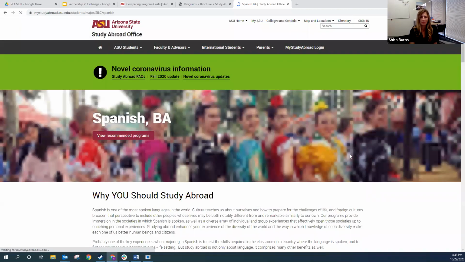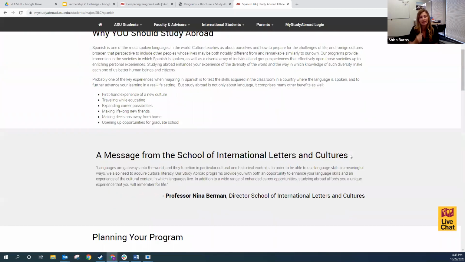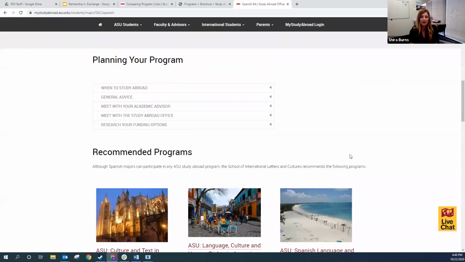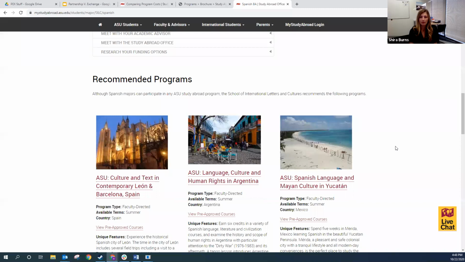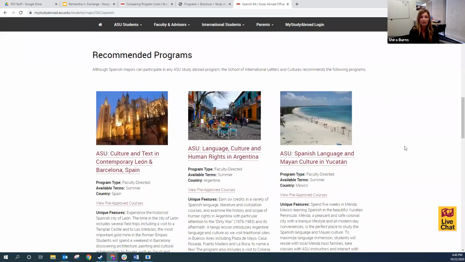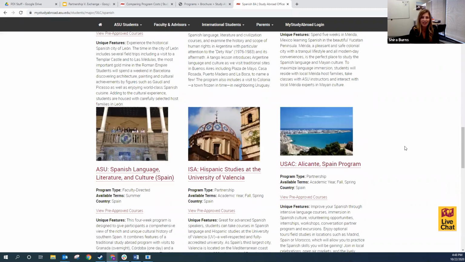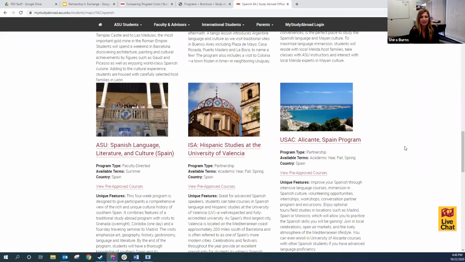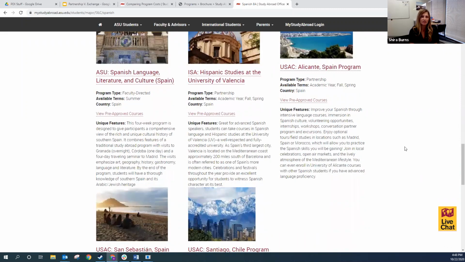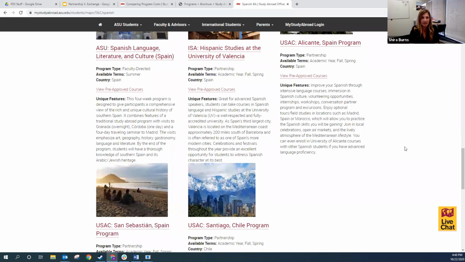And we have major guides for about 100 different majors at ASU. So what you'll find here is a list of recommended programs. These are not programs that you have to go on as a Spanish major, but if you're at that initial phase of, I have no idea how to narrow down my program search, this is a great way to dive in and see a couple options that the Spanish department specifically has said, yes, these would be great for our students, and you can take courses on these programs that will apply directly towards your major.